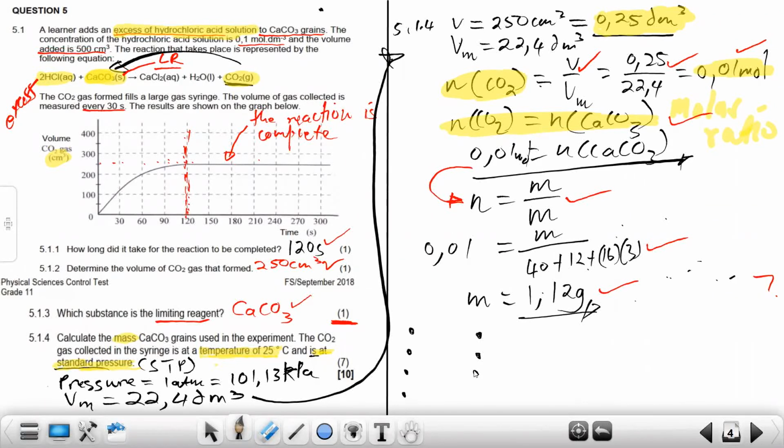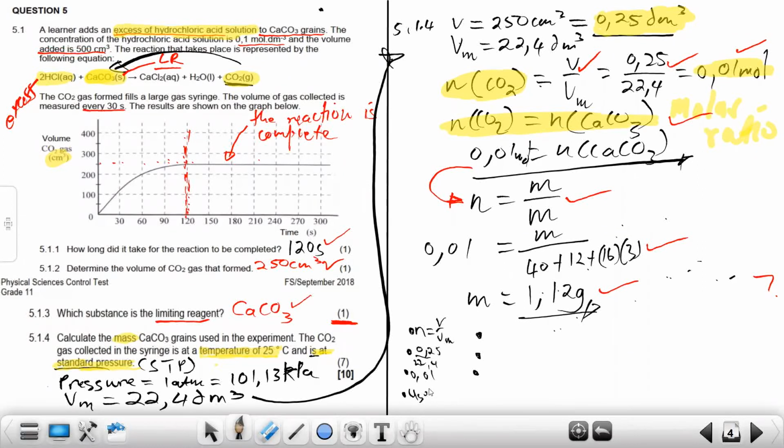With these 7 bullets, it's a guideline of what we are looking for. Bullet number 1 says the learner used n = V/Vm, we give a mark. The learner now divided 0.25 by 22.4, we give a mark. Then the learner got the final answer 0.1, we give a mark.